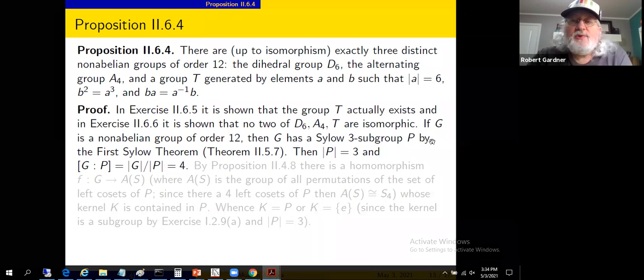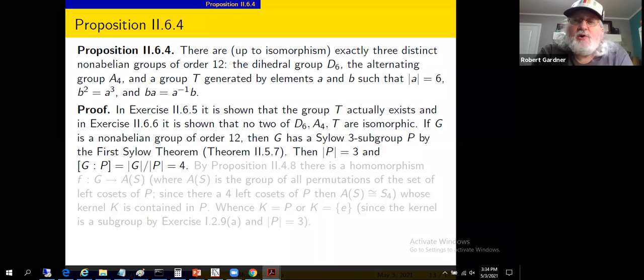So a little bit of general stuff to get us started. It's basically the next couple of sentences. If G is a non-abelian group of order 12, then G has a Sylow 3-subgroup P by the first Sylow theorem. 3 divides 12, and 3 is the highest power of 3 that divides 12. So there exists a Sylow 3-subgroup.